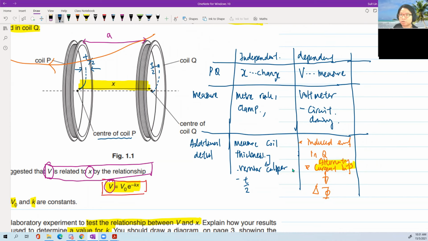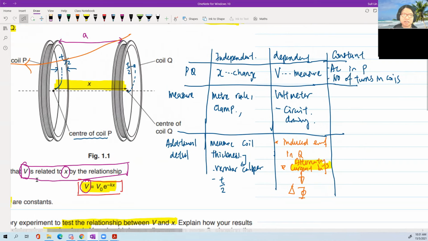So things that you can keep constant is the AC, the alternating current in coil P, the number of turns in the coil. So they expect you to at least have some basic understanding of the physics that is going on, so that you know that if you want to measure the induced EMF in coil Q, whatever is happening to coil P must be fixed.